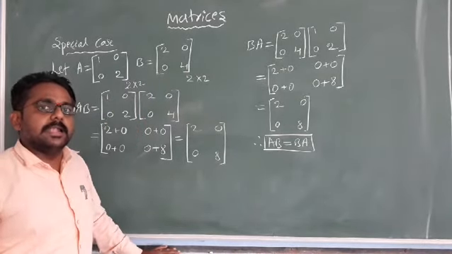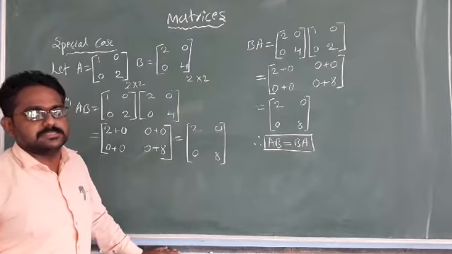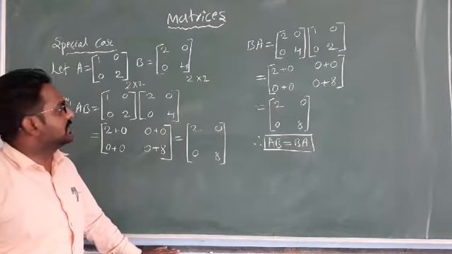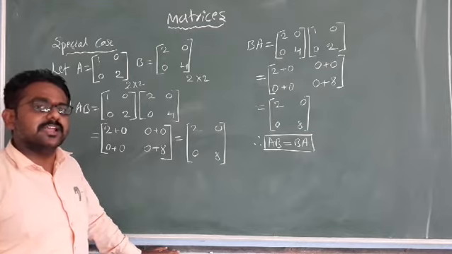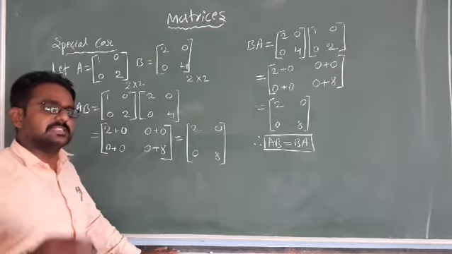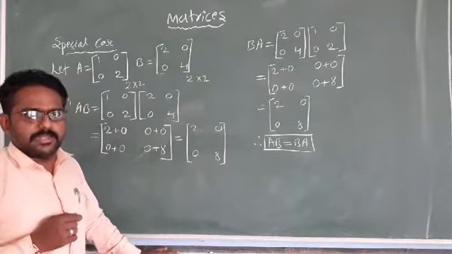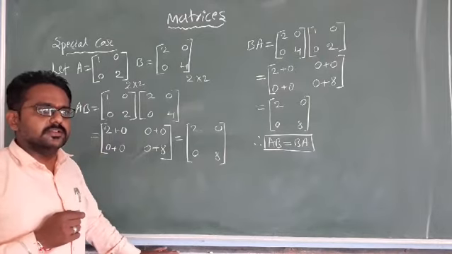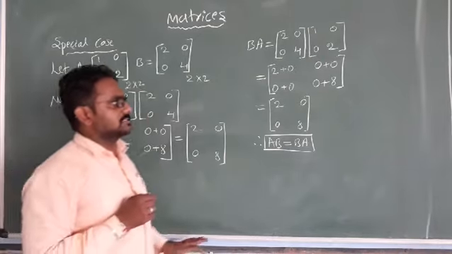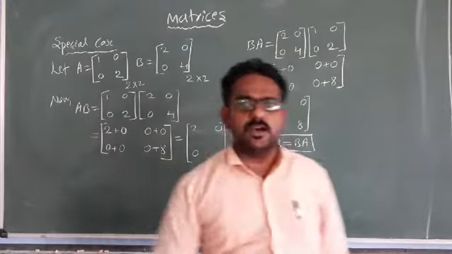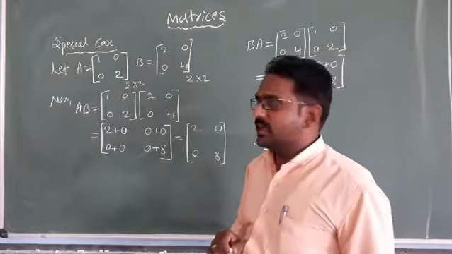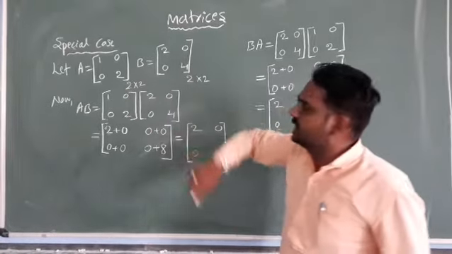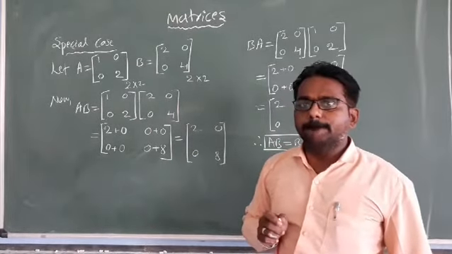Those are diagonal matrices. Already you know the definition of the diagonal matrix. Already you came across the diagonal matrix in the types of matrices. I consider here A and B both are diagonal matrices.